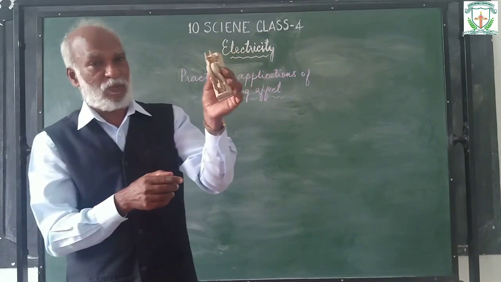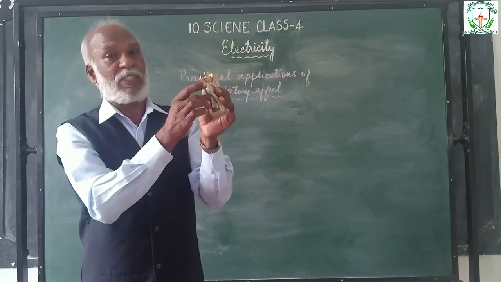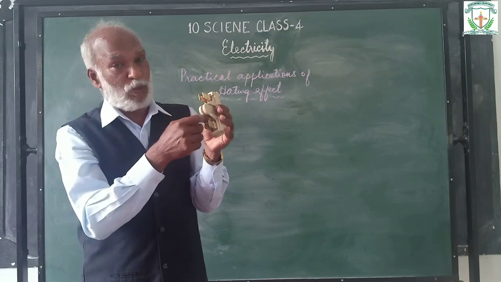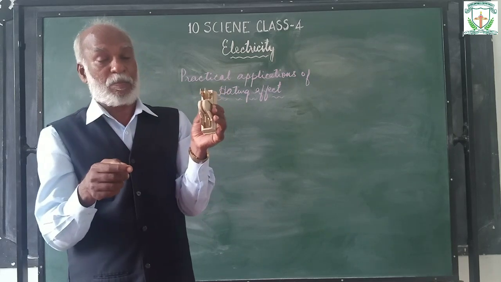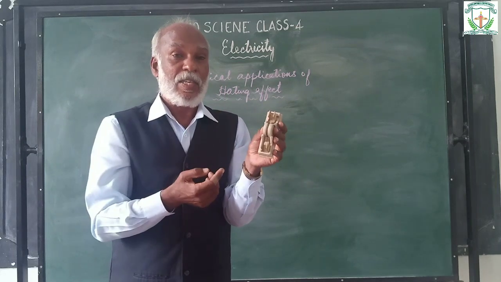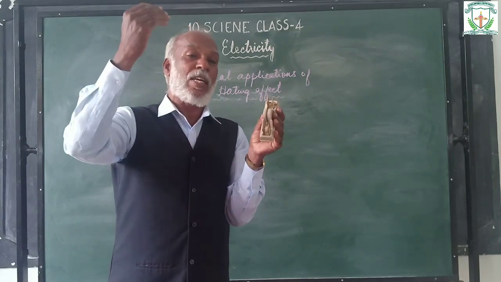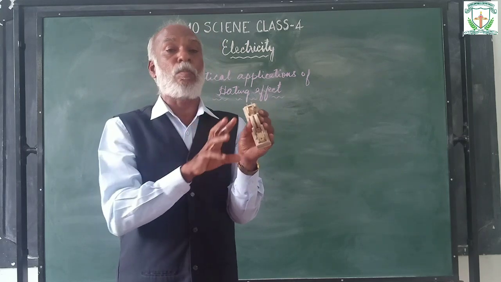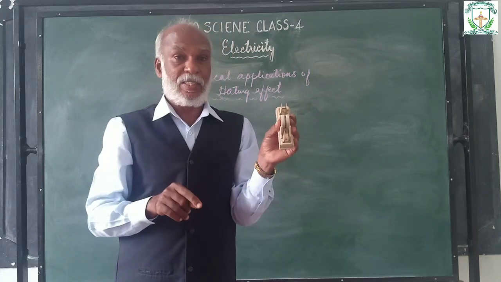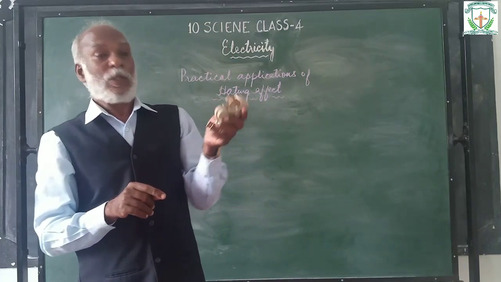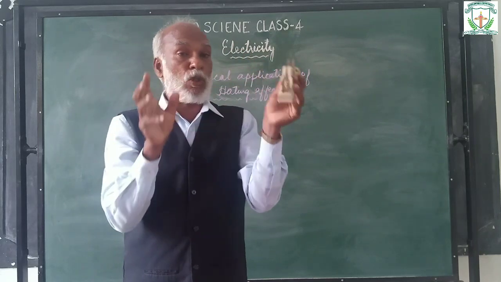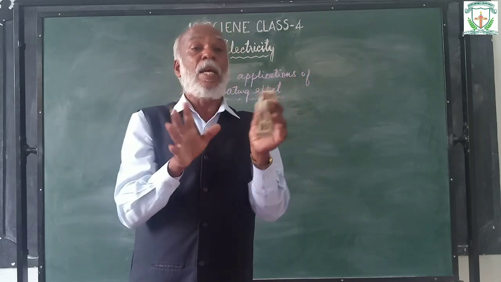When excess of current flows through this fuse wire, which is connected in series, it gets heated, and when the temperature increases beyond a certain level, the fuse wire blows off and disconnects the circuit.